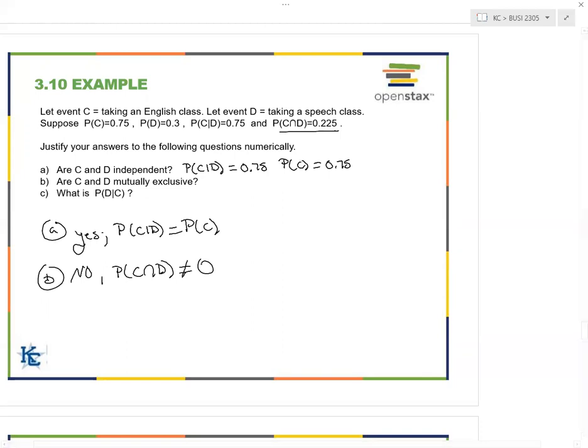Okay. What is the probability of D given C?